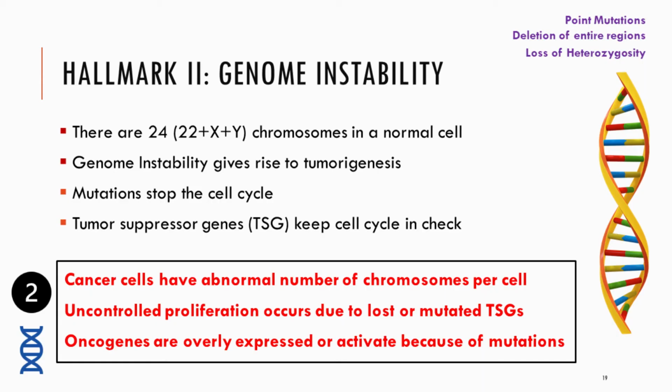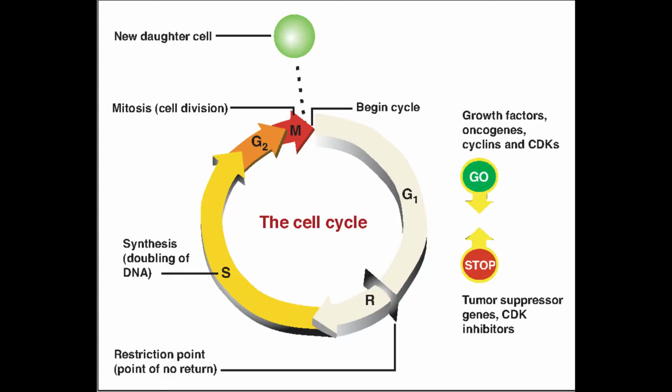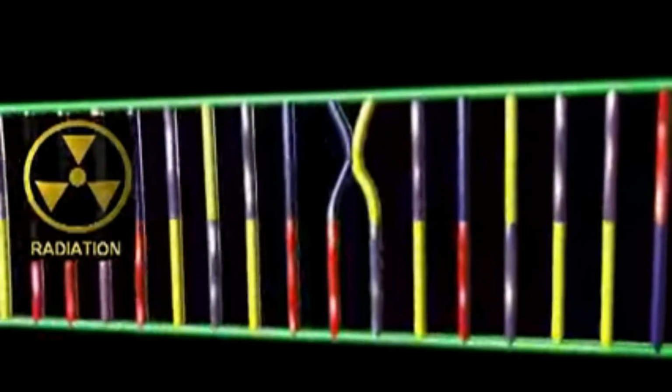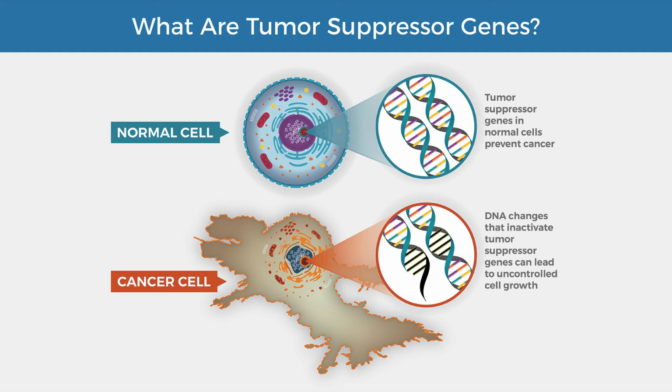So now that you understand how the genome variation can lead to mutations which lead to disease expression, let's come back to the part where we were talking about the check during cell cycle and genome replication. It is important to keep in mind that mutations occur randomly and way too often, and that there are certain genes that keep a check on these mutations, known as tumor suppressor genes.